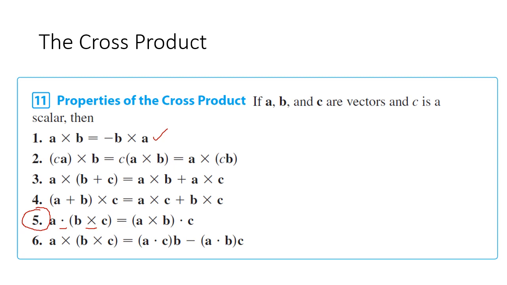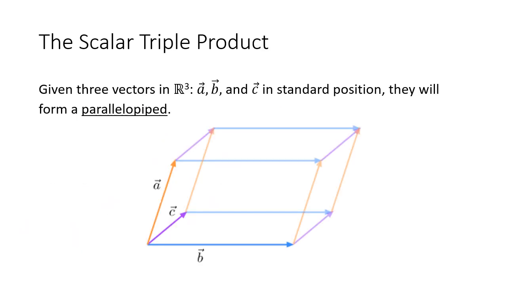And property number 5 has a special name called the scalar triple product. And the idea here is that if I'm given 3 vectors in three-dimensional space, A, B, and C, and I put them all in standard position, then they're actually going to form a parallelepiped, which is another word for a three-dimensional parallelogram or a rectangular prism.